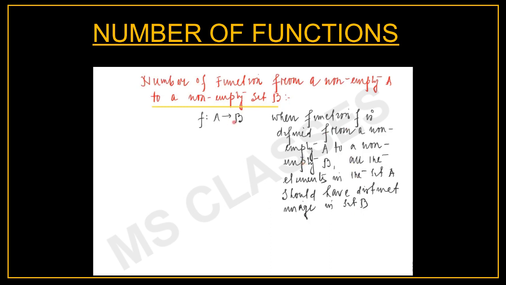Now here I consider the cardinal number, since it is a non-empty set, it's a finite set. So we consider the cardinal number of A as n and the cardinal number of B as r. Now we take a set.